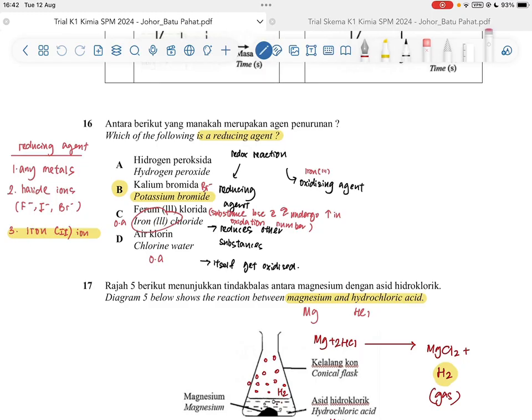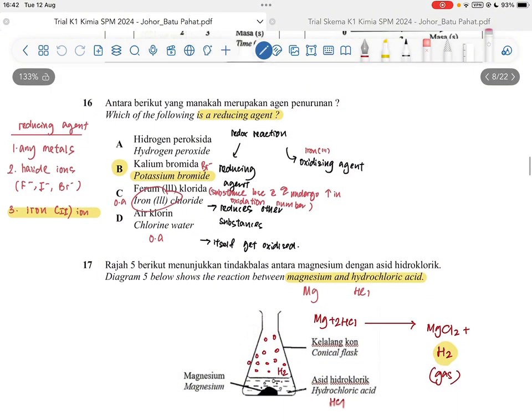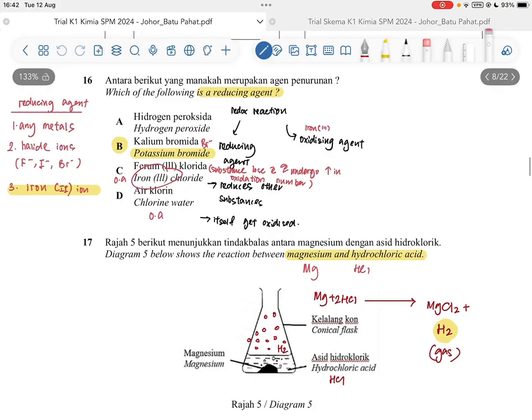The third one is the most specific reducing agent, which is the iron 2 ion, because we usually see iron 2 or iron 3 in redox reactions, especially in Bahagian B. So for sure C and D are oxidizing agents, since they are not included in this list. The answer would be B, potassium bromide, because it is a halide ion.